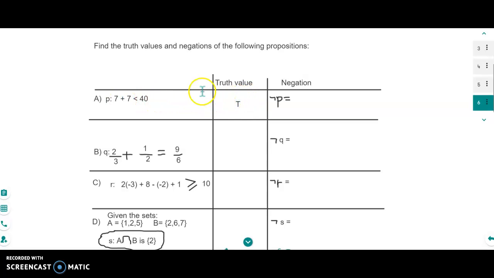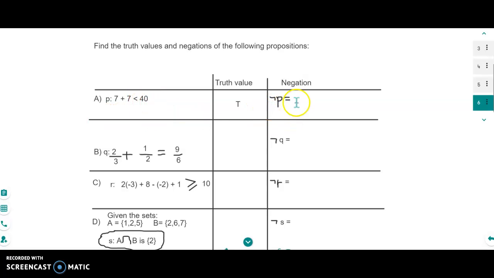All right, so first of all we found the truth value, and then we are going to find the negation of P. How can we find the negation of this proposition? We have 7 plus 7 less than 40. What is the opposite for this proposition? The opposite of less than 40 will be greater than 40.